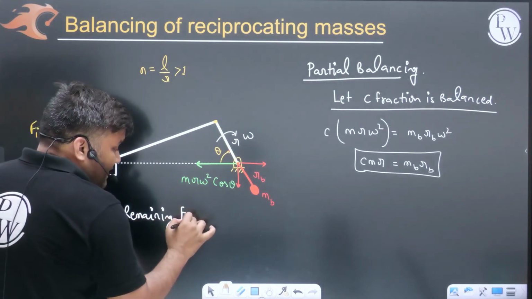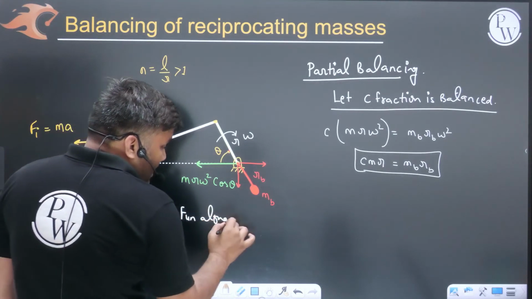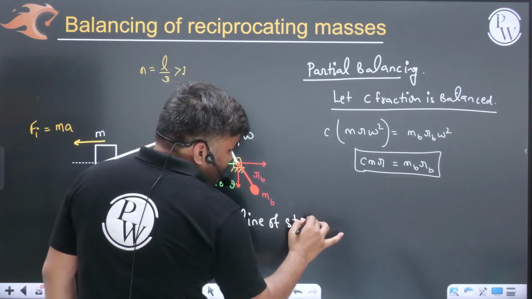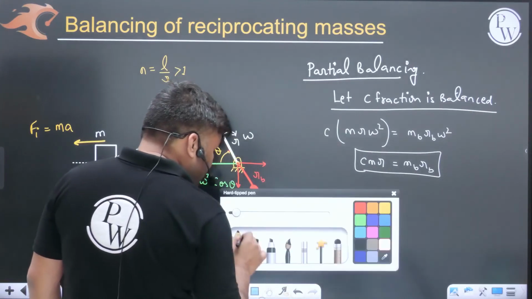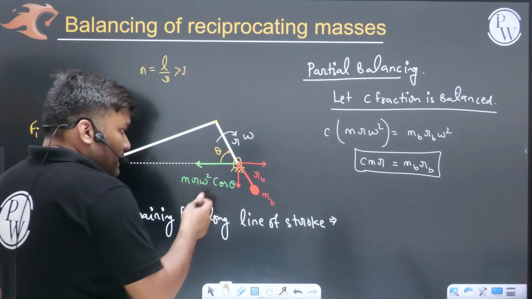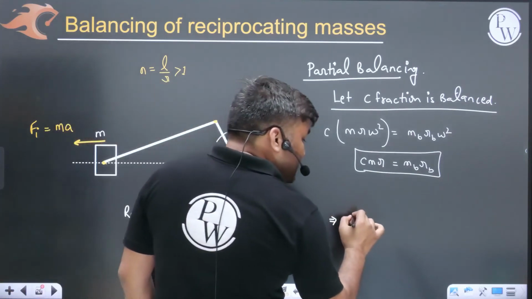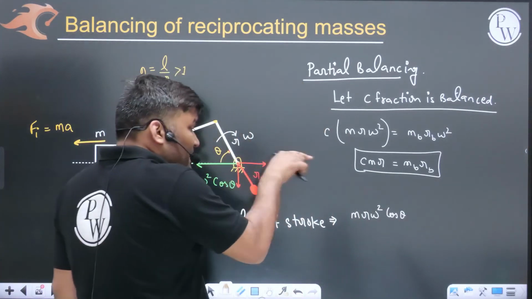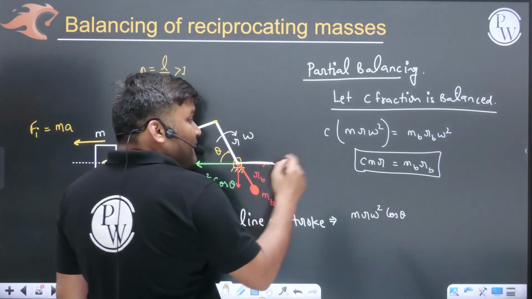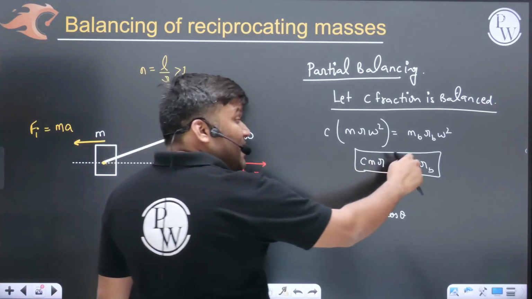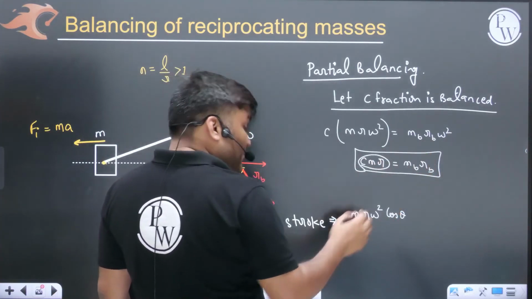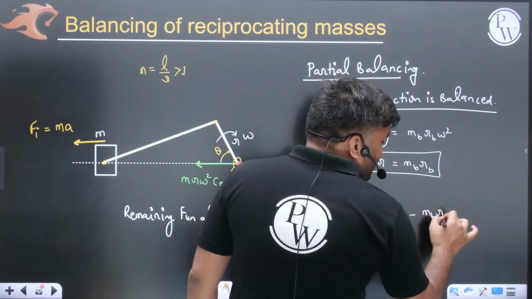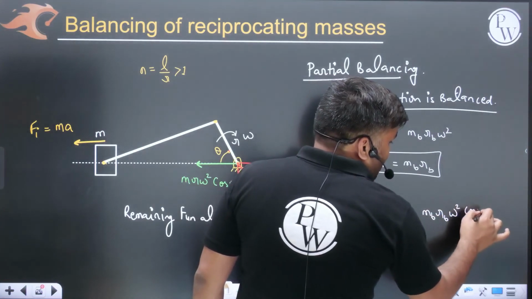Let me write: remaining unbalanced force along line of stroke. How much will this be, beta? m r omega square cos theta was already there, minus this force, how much is it, beta? This is mb rb omega square cos theta, and mb rb omega square, what can you write? c m r. Can I write? Minus, let me write mb rb omega square cos theta.